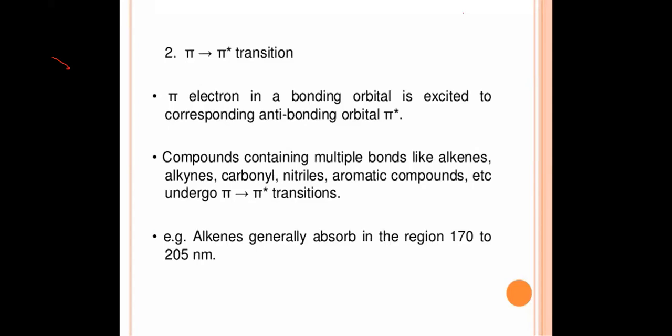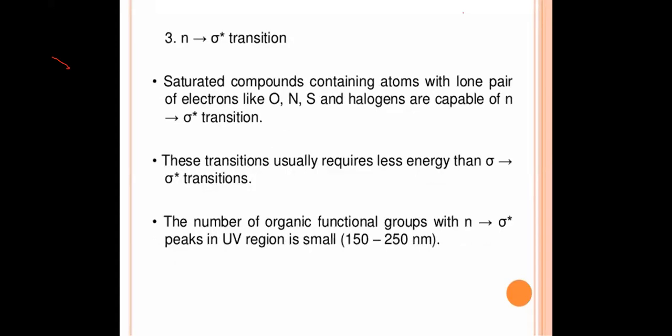So for example, alkenes generally show absorption in the region 170 to 205 nanometers. The third one is the n to sigma star type of transitions.